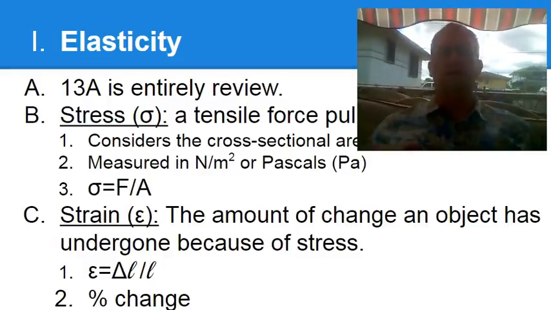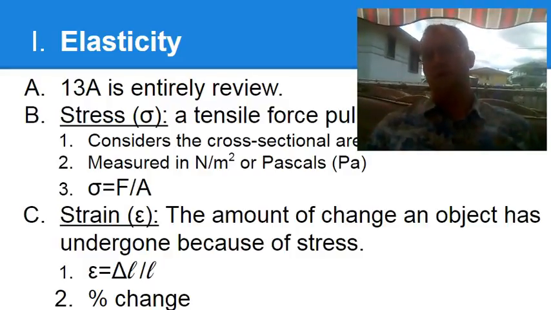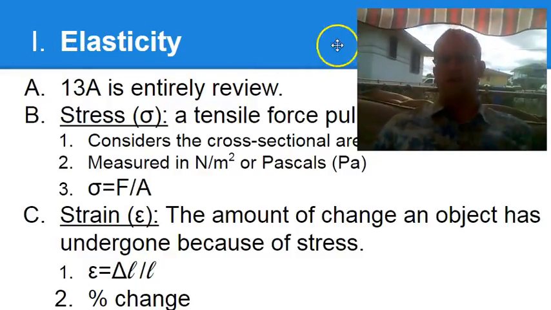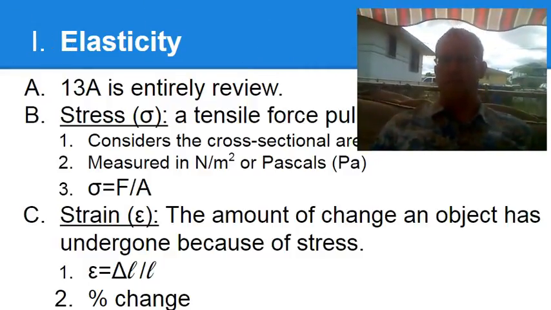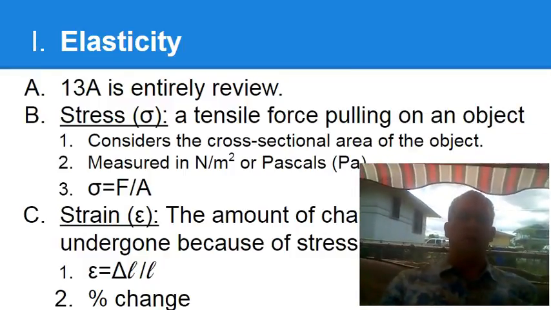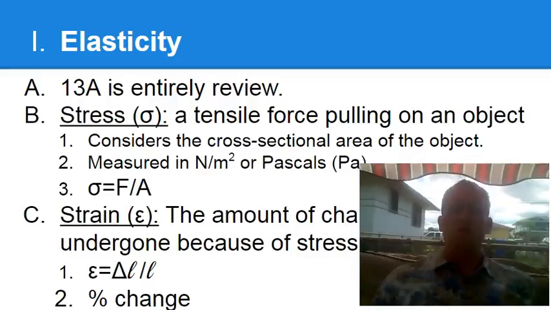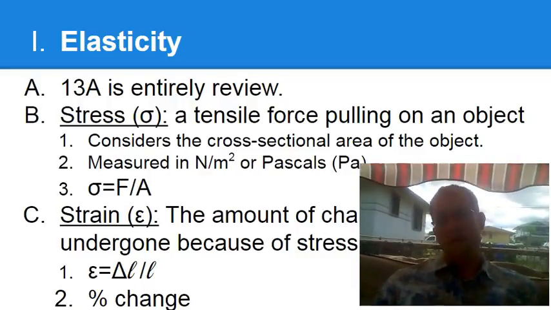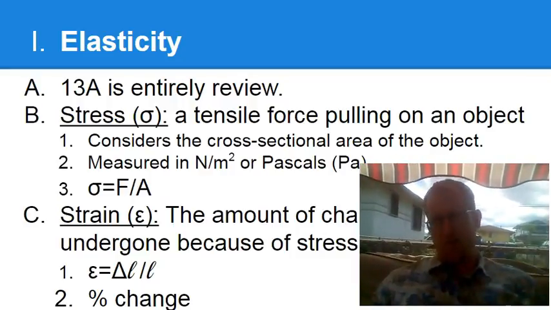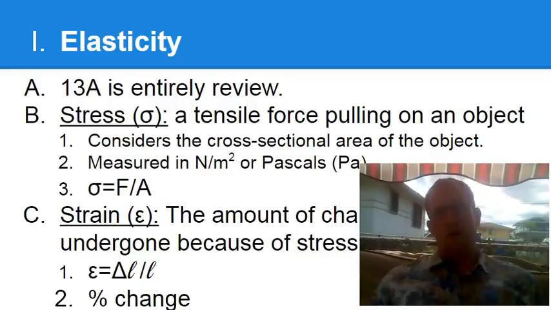So we're going to be zooming in on the new concepts for you here in physics that we didn't cover in chemistry. The first one is stress. I'm going to have to be moving my little webcam around a couple times here today because there's no good place for it. Stress is measured in the unit called a Pascal, which is the same unit, if you remember from chemistry, that we use to measure air pressure or water pressure. And the concept is the same. It's newtons per square meter.